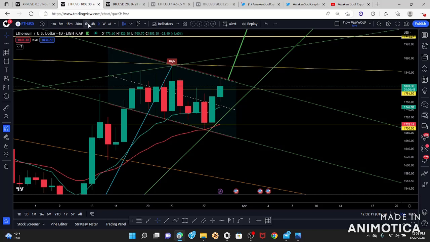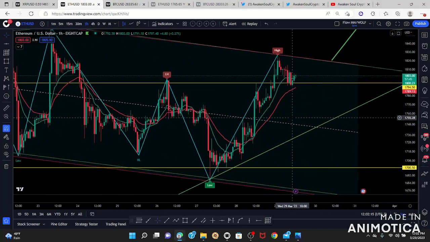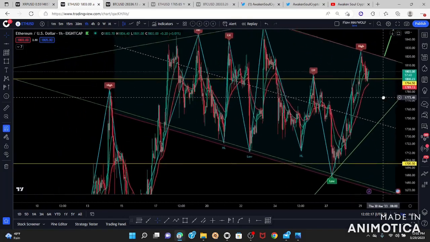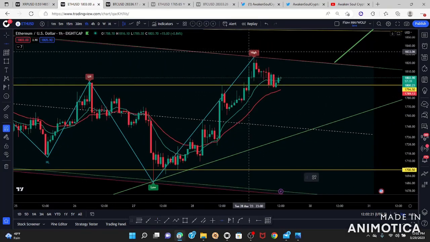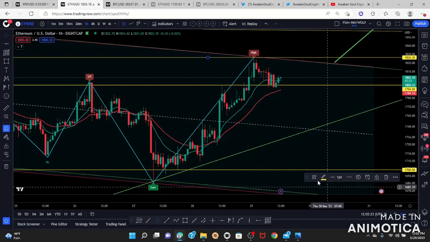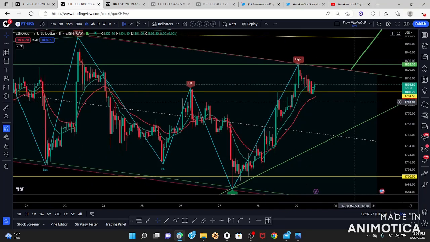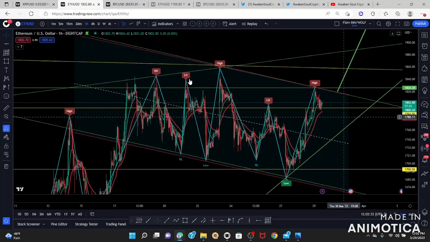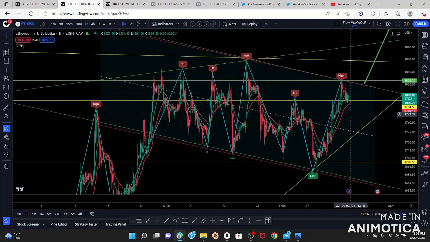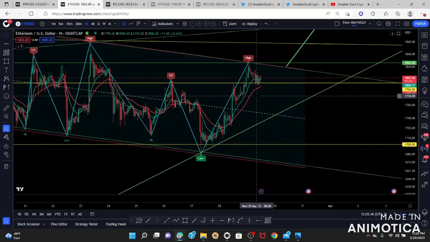Okay, now we're going to go to 4 hours. In my 4 hours, we're going to set a range too. This is going to be my high. Because I'm telling you, a lot of people are like, it looks bullish, absolutely, but it has to cross this high. If it doesn't cross this high, this flagpole is not going to get played out, and then we could just roll to the downside.